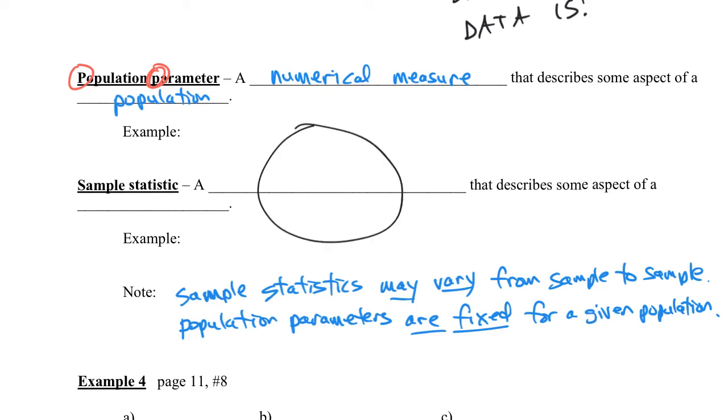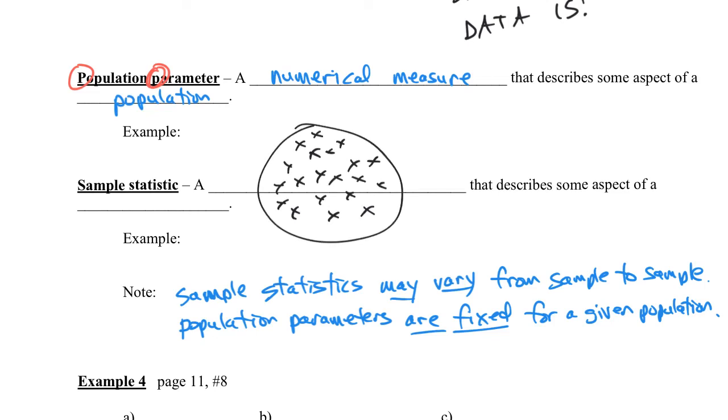Let's say this population has a whole bunch of numbers in it. Every number represents the age of a GRCC student. So there's thousands of these numbers.